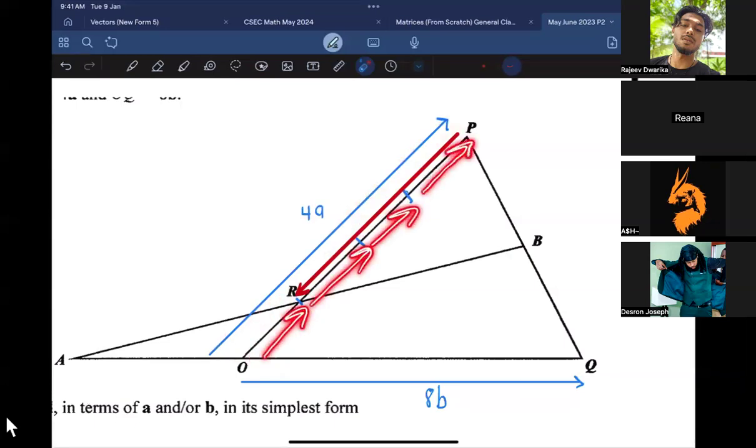One what? 1 OR. 1A. Oh, 1A. Think about it.